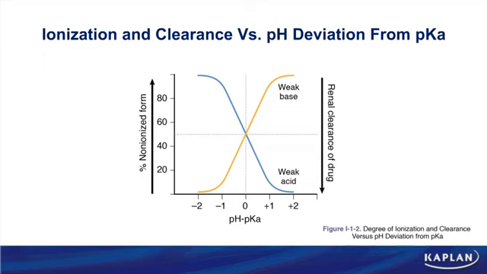Always look at what your axes are showing you. The x-axis here shows us pH minus pKa. 2 terms that I think we have to know anyway. 2 numbers that they're probably going to give you in a test question, but 2 numbers I'm sure that you can work with. For example, if I do a calculation of pH minus pKa and I get a negative number, what does that mean?